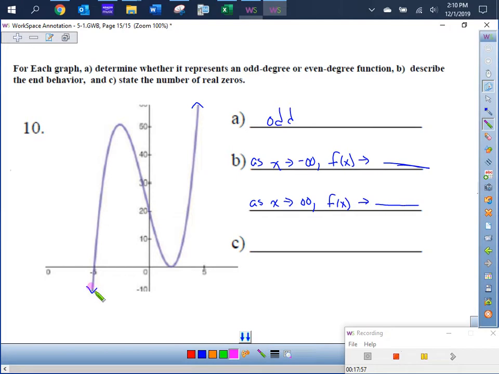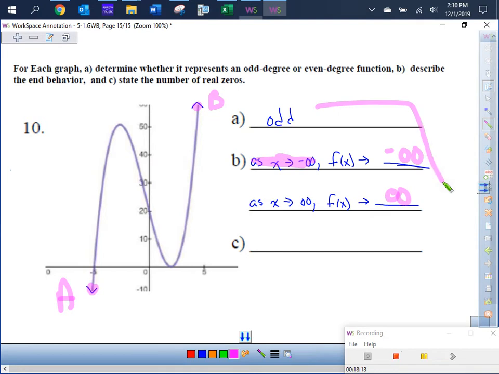End behavior: 2 ends, end A on the left and end B on the right. Where is the left end going? Down to negative infinity. Where is the right end going? Up to positive infinity. Those are going different places because this was an odd degree polynomial.